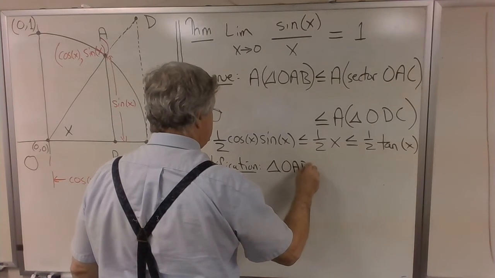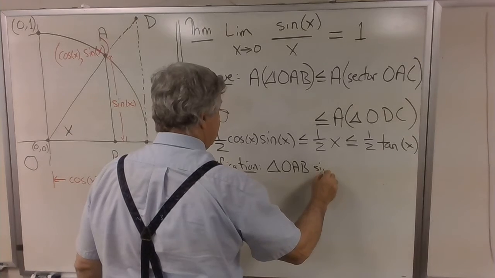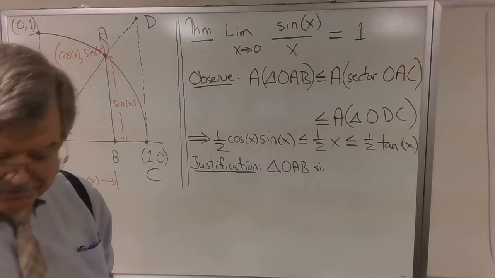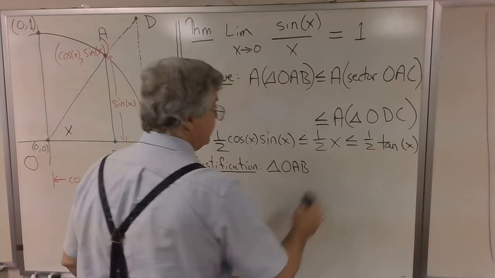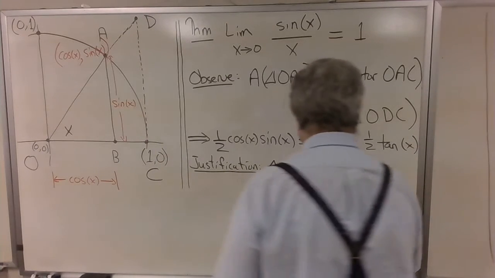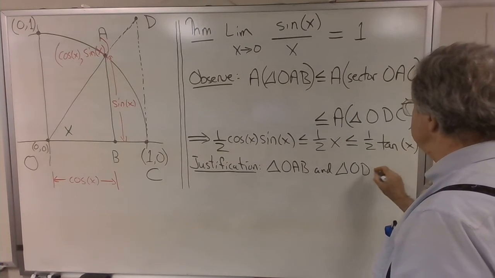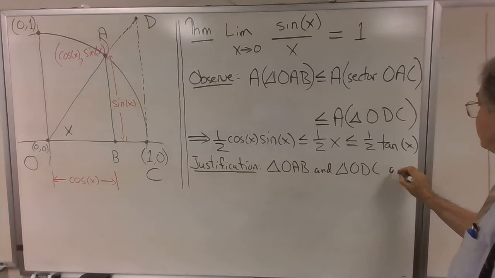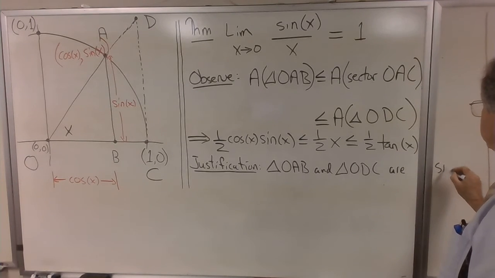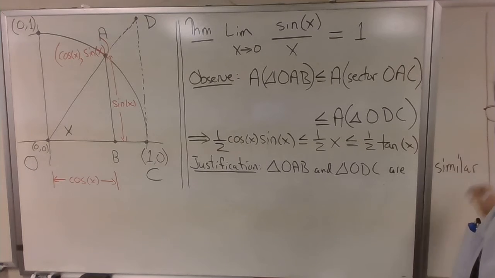Triangle OAB and triangle ODC, and what that means, among other things, is that the ratios of the corresponding sides are the same.